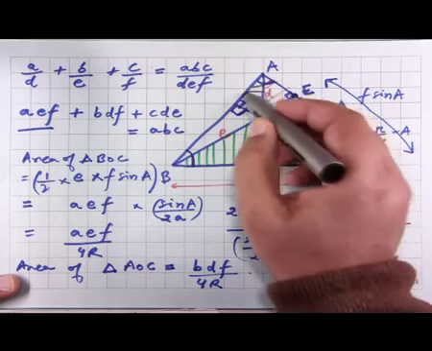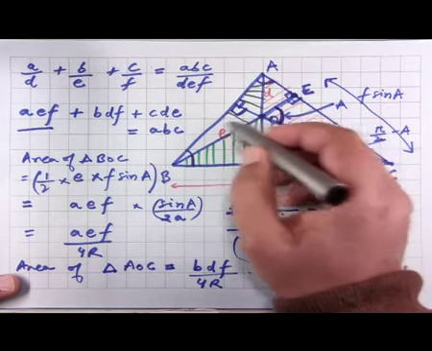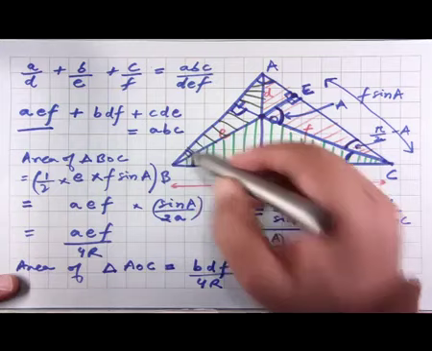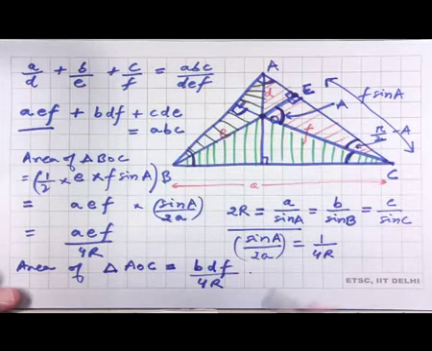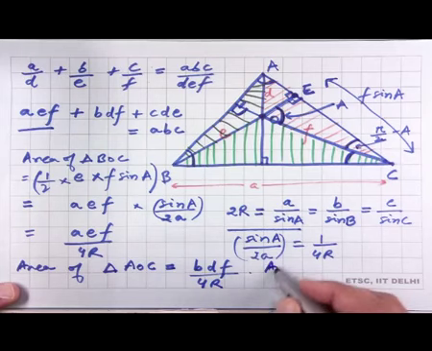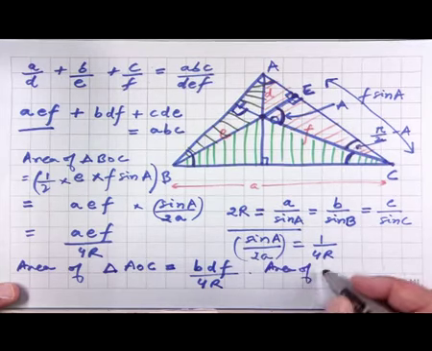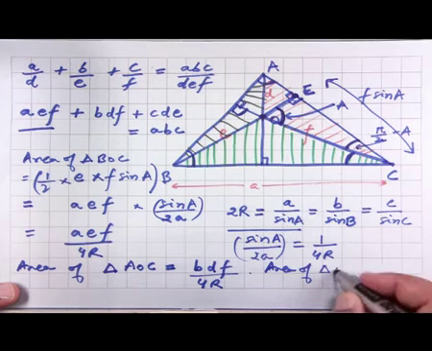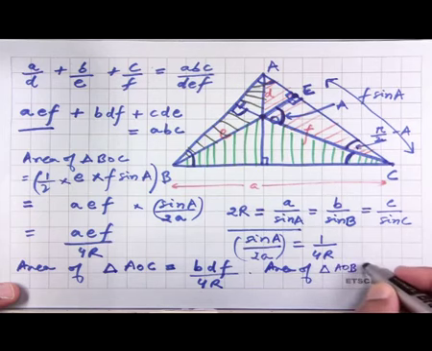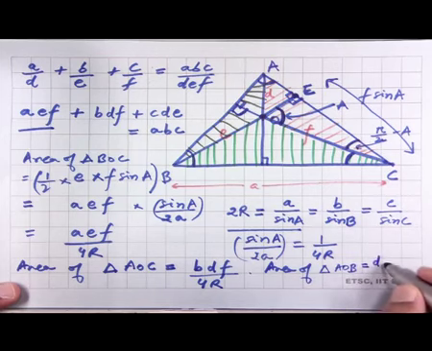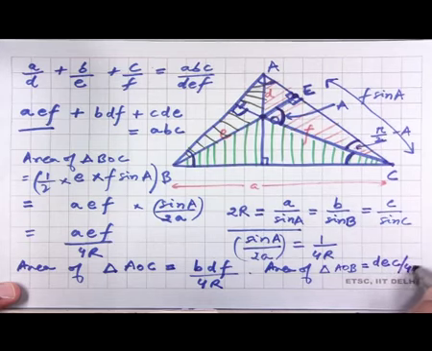So, I am shading the triangle AOB in black. Again, it is not very difficult to show that the area of triangle AOB is equal to DEC upon 4R.